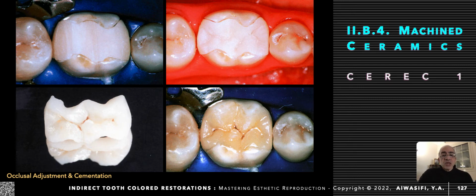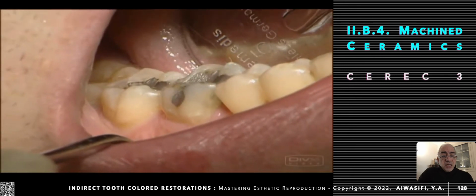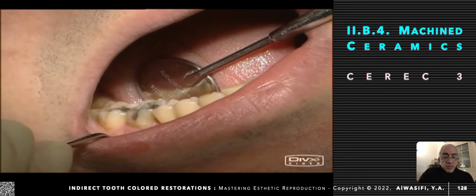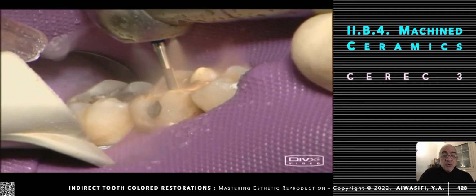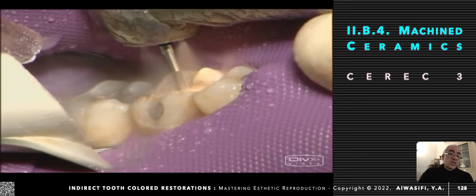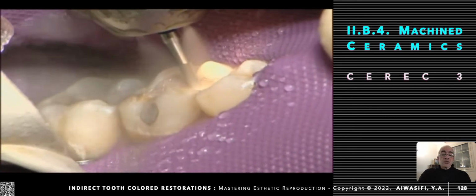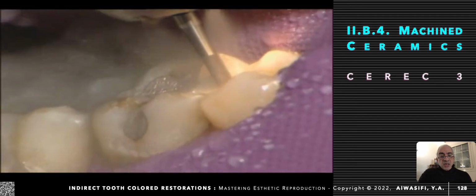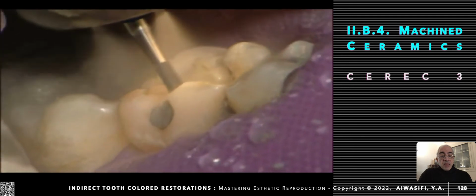Let us go for CEREC 2, and this is also an old video about 20 years ago, but it is descriptive about the steps and could give you an idea about the steps for constructing this CEREC 3 CADCAM inlay, okay.